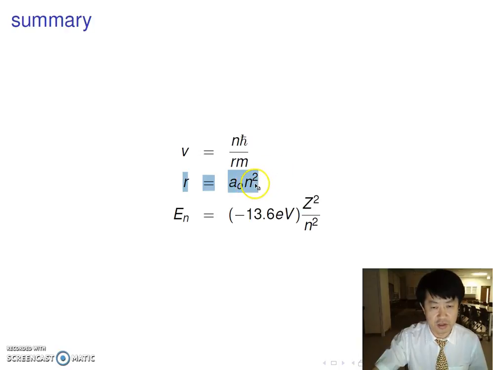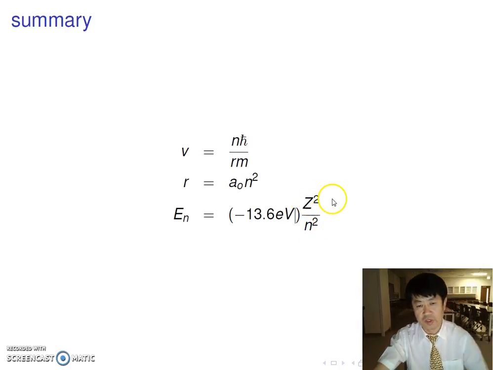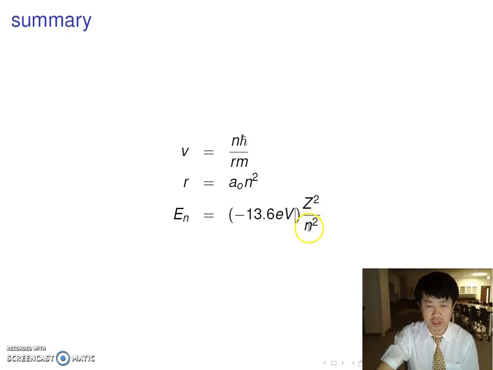The energy of the electron in orbital motion is negative 13.6 electron volt times Z square over n square. Z is the number of protons in the nucleus, and n is again the principal orbital quantum number.